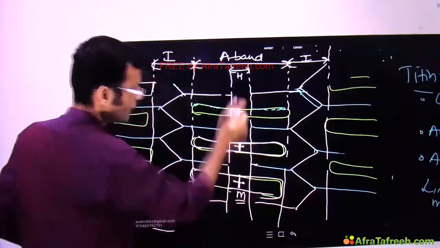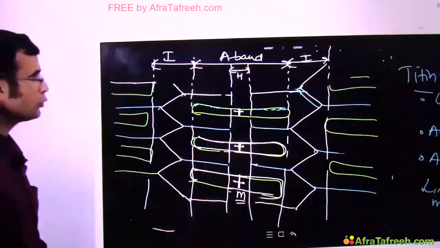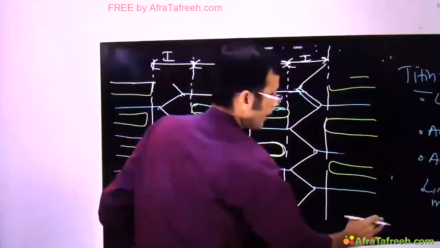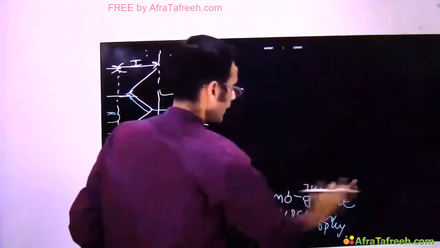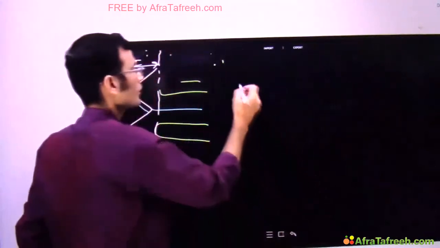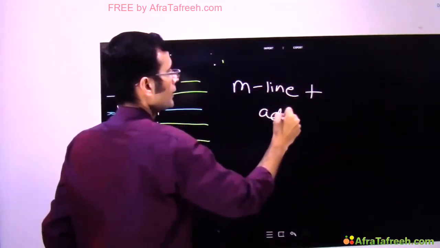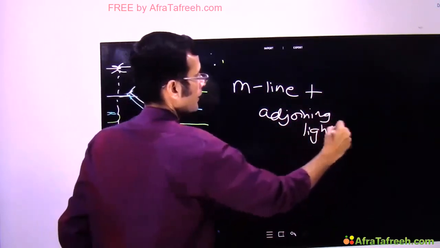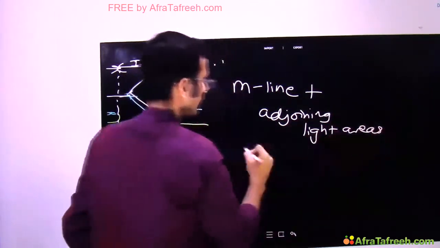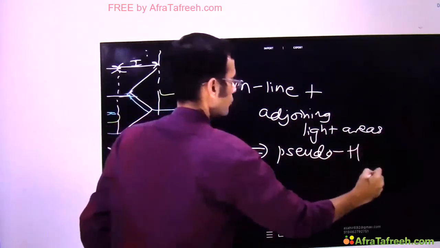Dark line at the center, and then immediately adjacent would be the light areas. So the dark M line plus the adjoining light areas on either side is called the pseudo H zone.